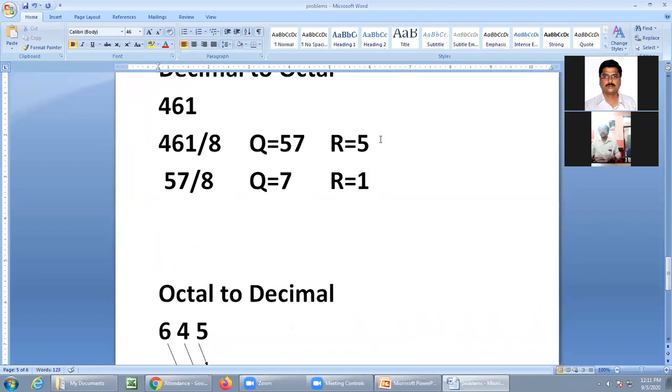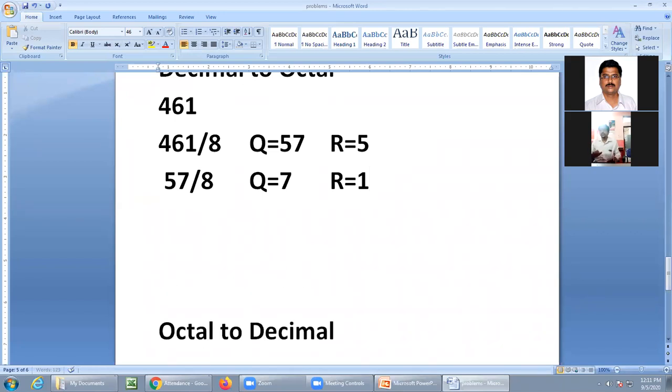Now you come here. What is the new quotient? The new quotient is 7 divided by 8. Now 7 is less than 8. That means you have to stop the conversion and take as the last remainder whatever is the previous quotient. What is the previous quotient? 7.